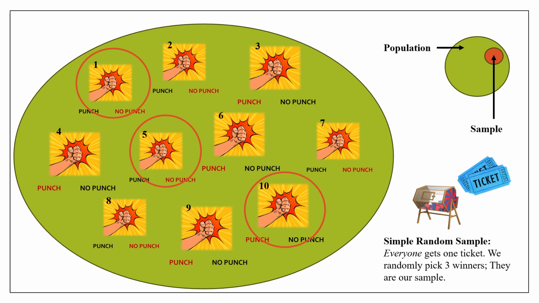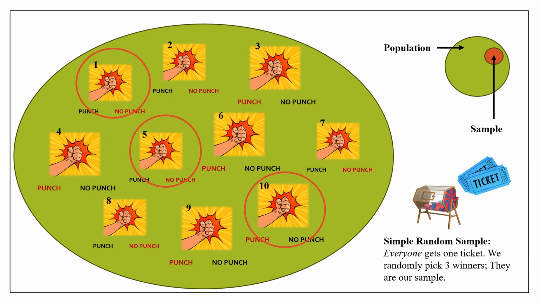And again, those that are circled by this orangey color are going to represent our sample. So we're going to use them and the observations of this behavior specifically from them to say something about the population. But again, how do we select these people?